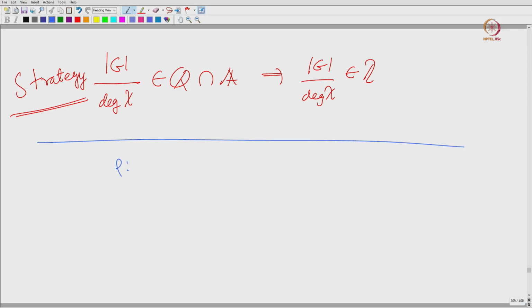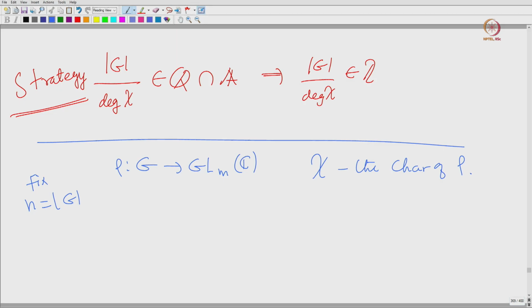Let us start with a representation rho from G to some GL(m, C). Now let us say chi is the corresponding character, the character of rho. Then we can take n to be the cardinality of G. Let us fix this.